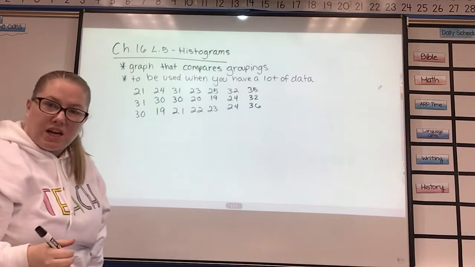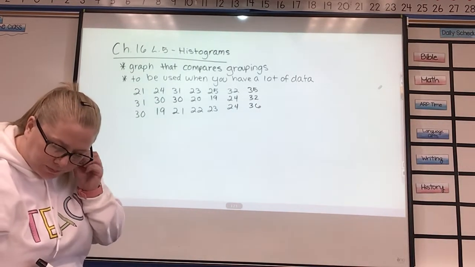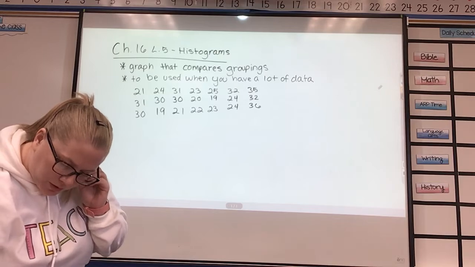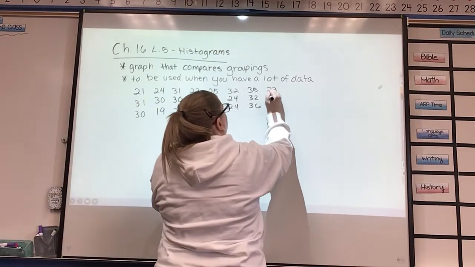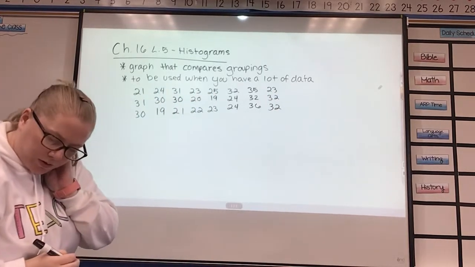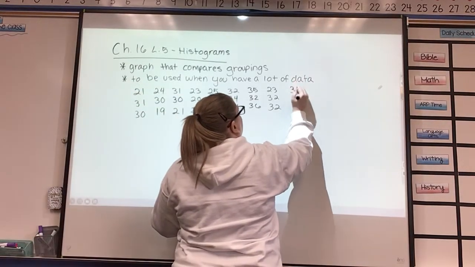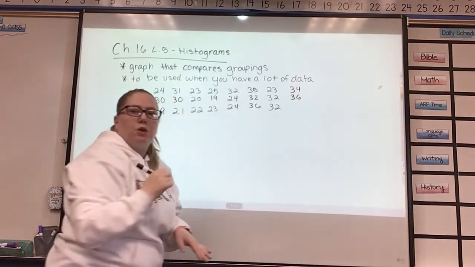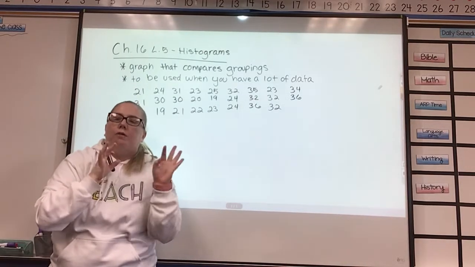See how many numbers I have? Okay, it's a lot of numbers. Okay, so you may be asking yourself, how can I graph all these numbers?